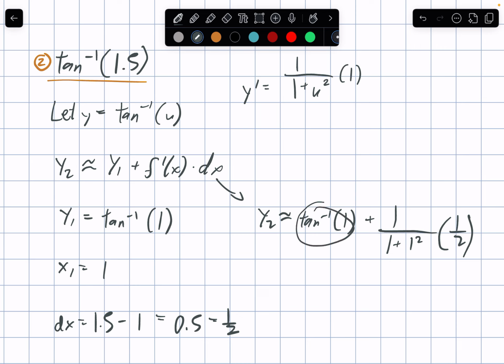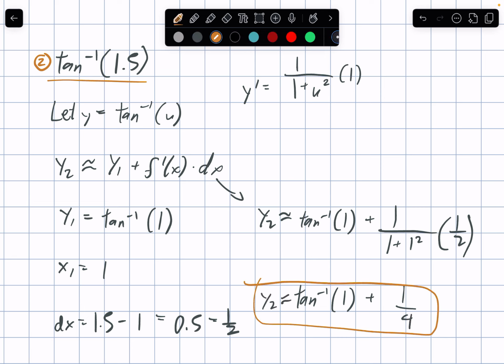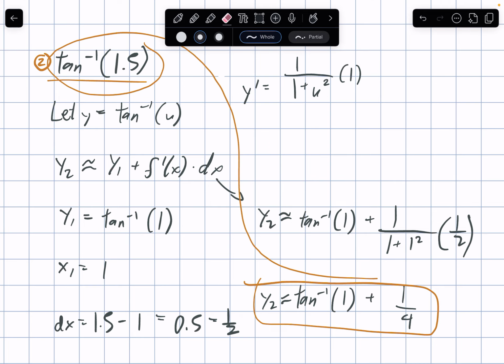But the question is, how would you approximate what this is? Actually, you don't have to. At least from my experience, you didn't have to. 2 times 2, 4. So this is the approximated value of arctan of 1.5.